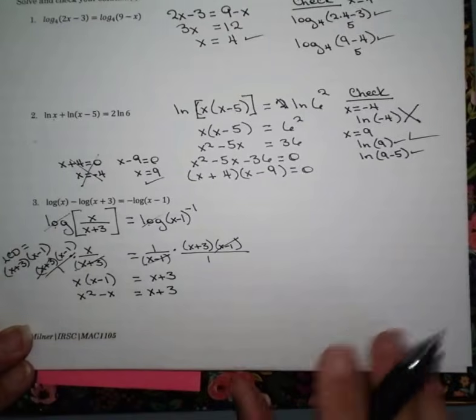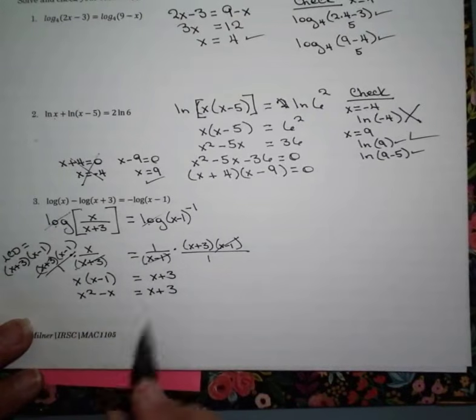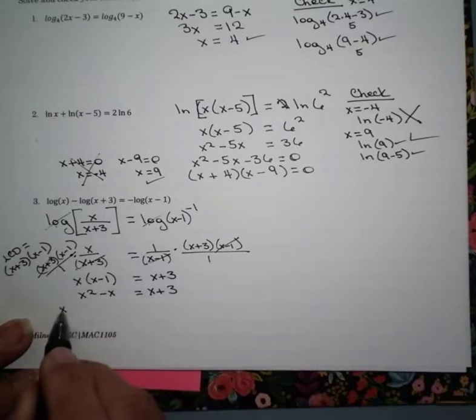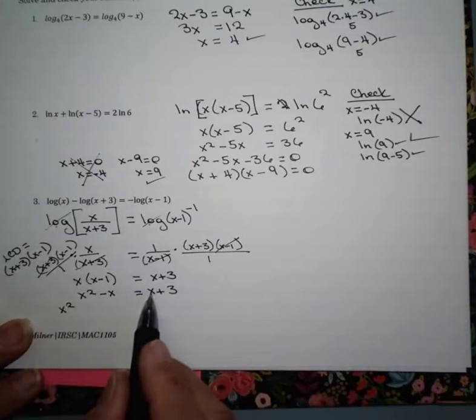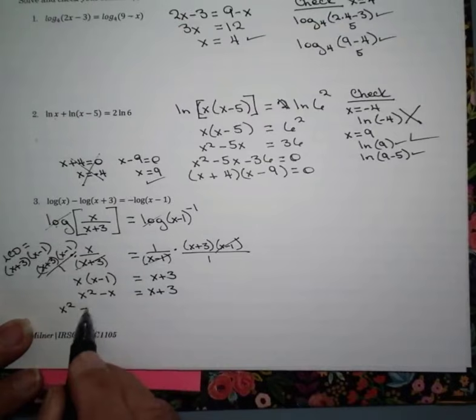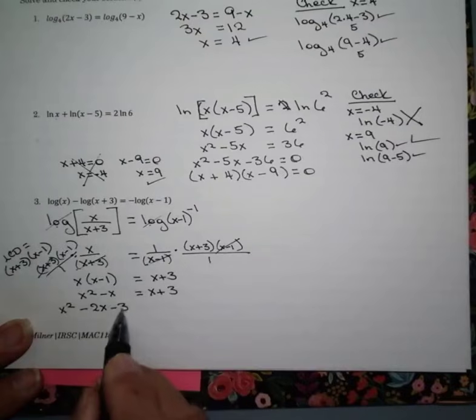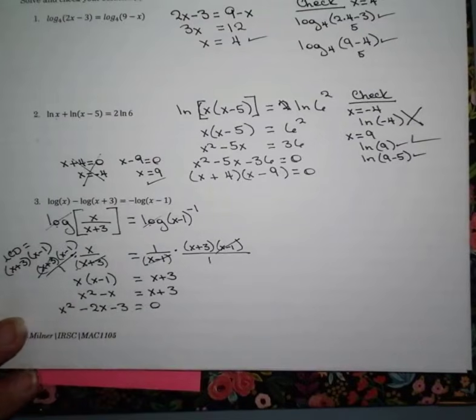I've got another quadratic, don't I? Let's get everything over to this side. I have no x squares to combine, so I've got to subtract an x. This is going to be minus 2x, isn't it? And then I'm going to subtract 3. And now finally, this side's 0. Write those steps out that I am doing verbally for you.